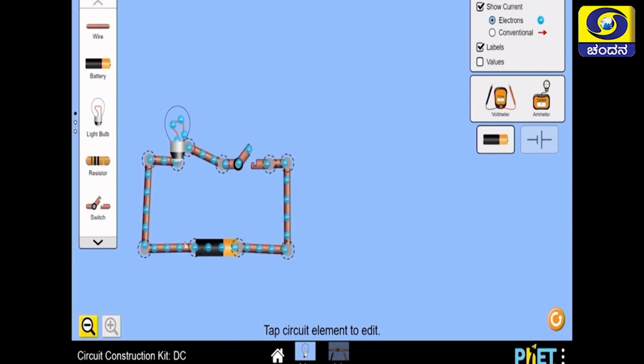So the terminals of the cell, we have the positive terminal and the negative terminal. Right now the electric current is not flowing, since the switch is open. Here you can see a representation of electrons inside the wire. So we need to observe what happens as soon as the switch is closed.